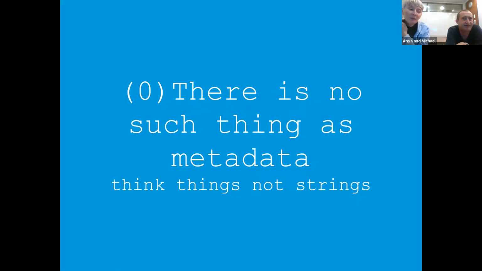And I think this is possibly one of the trickiest things when people are moving away from taxonomies towards ontologies. When you're domain modeling, you're always thinking about things and the thinginess of the things, not metadata, which leads you down roads where you don't explore fully what that thing is.